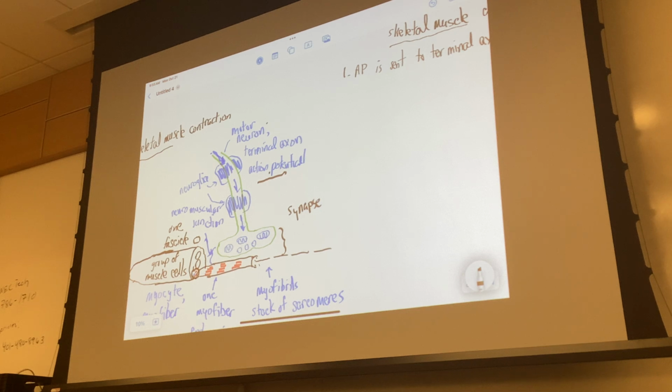There's another word for where two cells come together really close but don't quite touch: a synapse. When we get to the nervous system, we're going to talk about synapses a lot. The space between the two cells here is called the synaptic cleft.